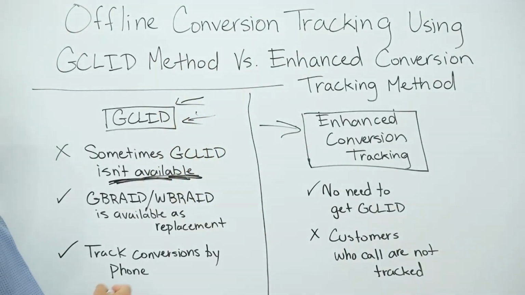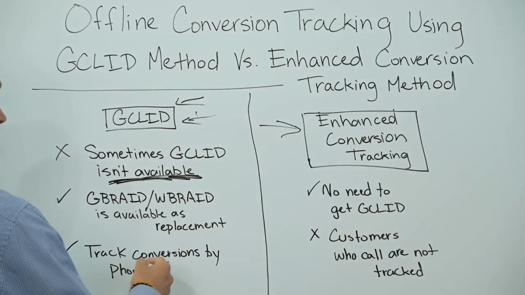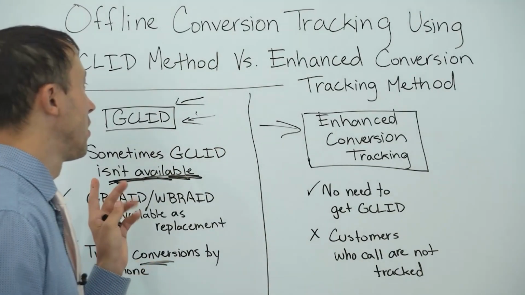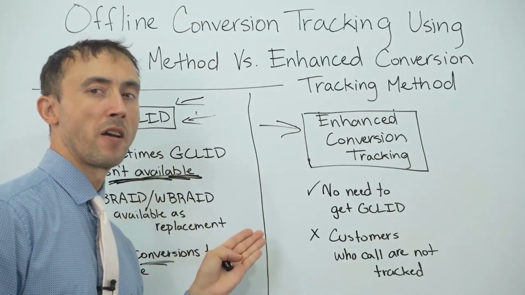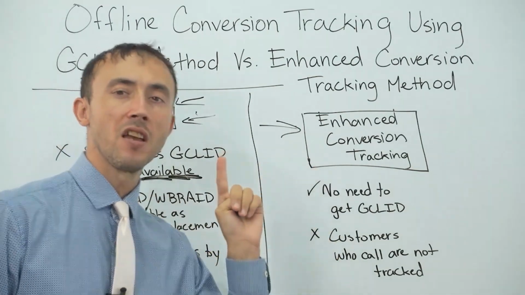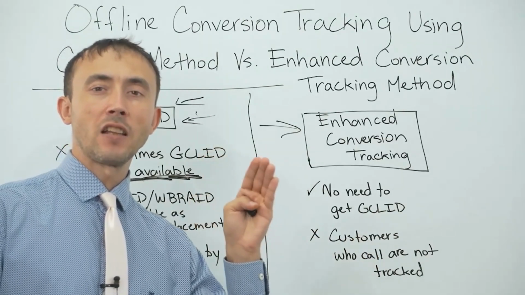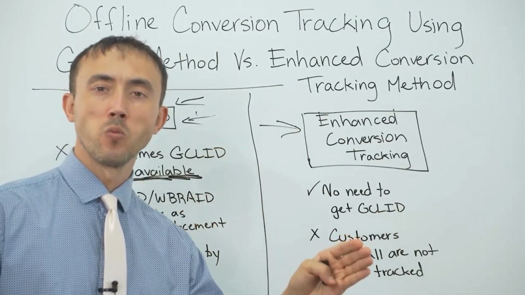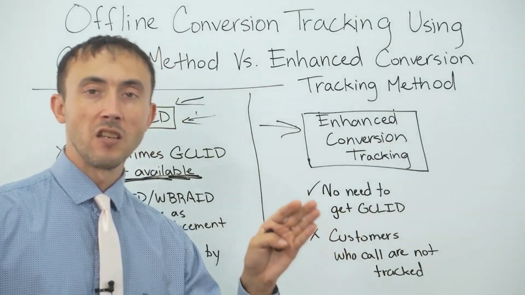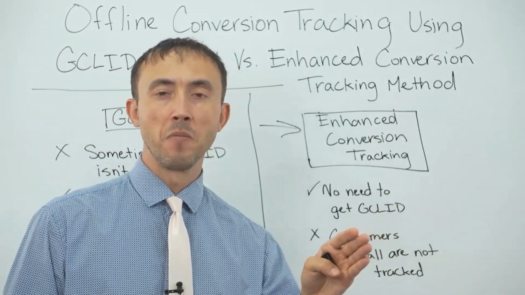So with that said, the main reason why you would want to go with Google Click ID to upload your offline conversions versus enhanced conversion tracking is, drum roll please, because you can actually track the offline conversions for phone calls as well, which in most businesses is where most of the sales come from. Not all.